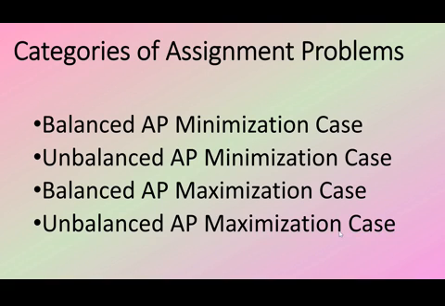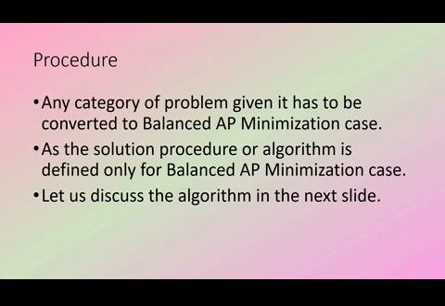Whenever you have any of the other three forms, you will have to convert it to standard form and only then will you be able to solve the problem. So the procedure of solving an assignment problem is that any category of problem given has to be converted to the standard form, that is, balanced assignment problem in minimization case.